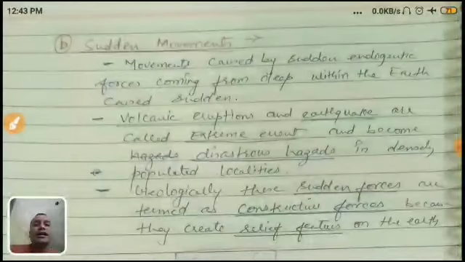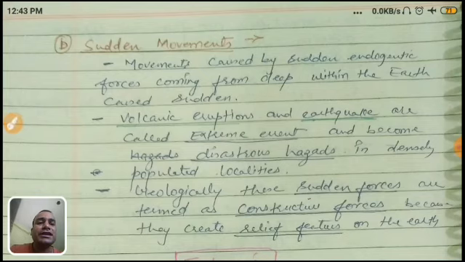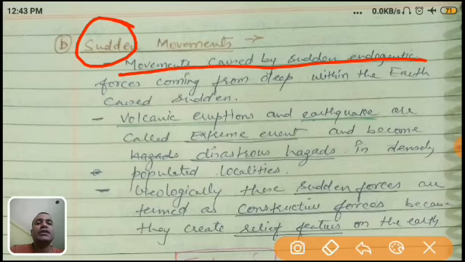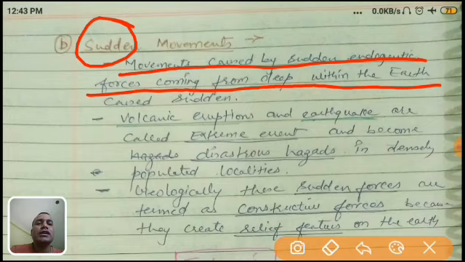I hope you understand. And the last topic of this module is the sudden movement. What is sudden movement? By the word we can understand, sudden means immediately. Movement caused by sudden endogenic forces coming from deep within the earth.